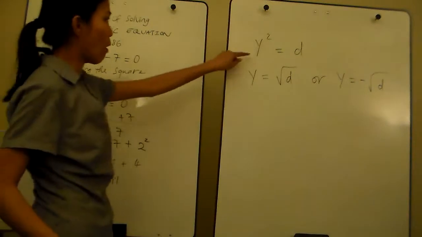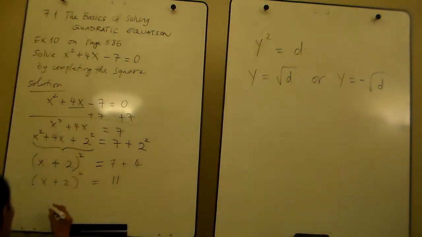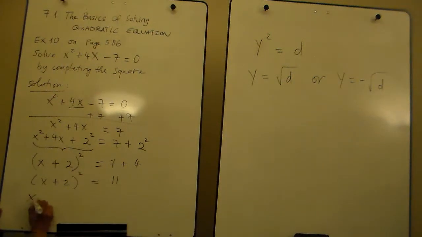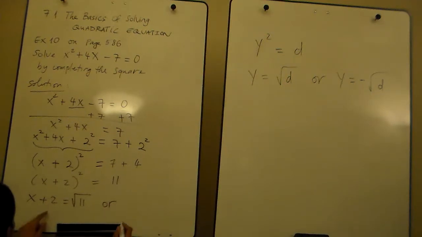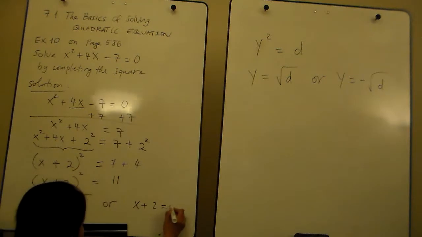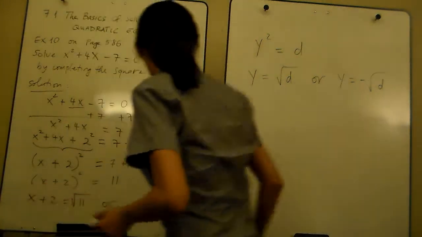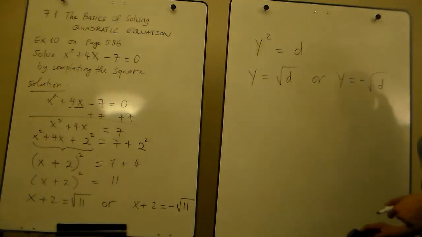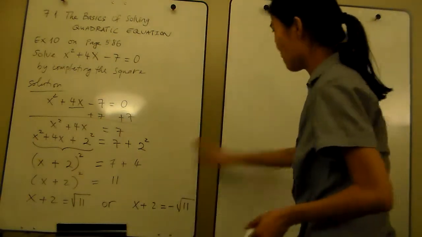So treating y here as x plus 2, we have y, which is x plus 2, equal to square root of d, and d is here, which is 11, or x plus 2 equal to negative square root of d, which is negative square root of 11. Okay? Using the principle of square roots. I'll continue from here.